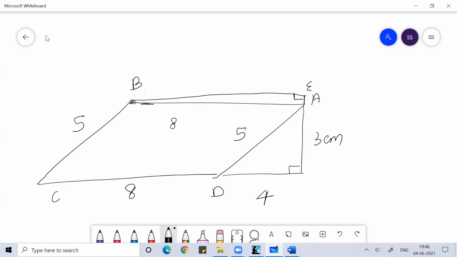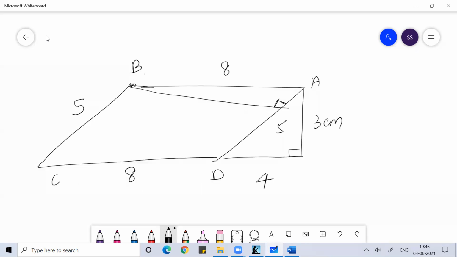Are you getting this, Dhoni? It should be less than this. Okay.